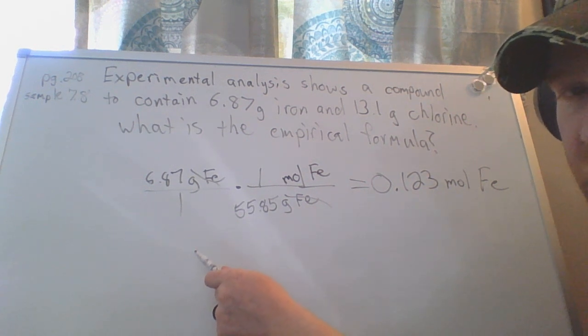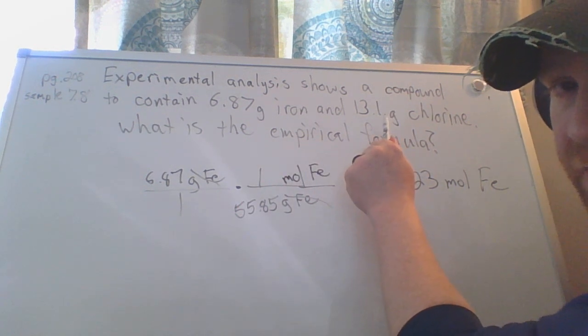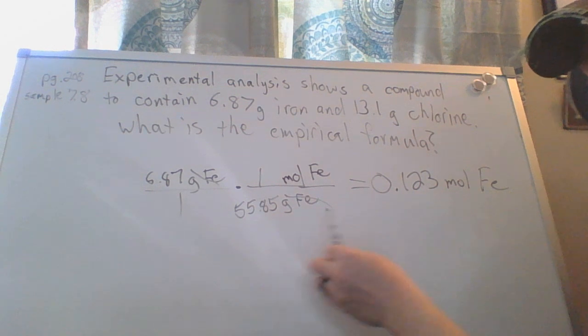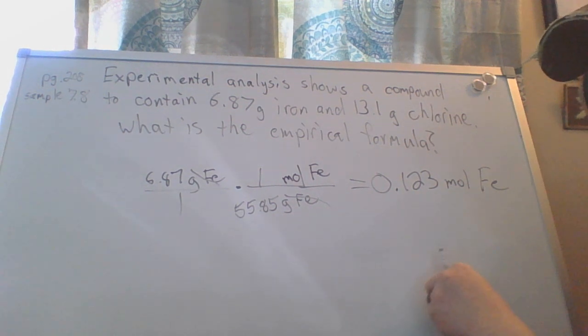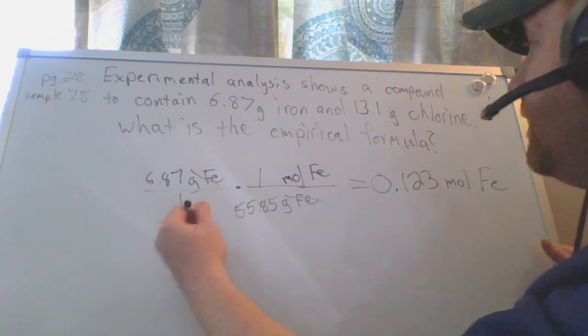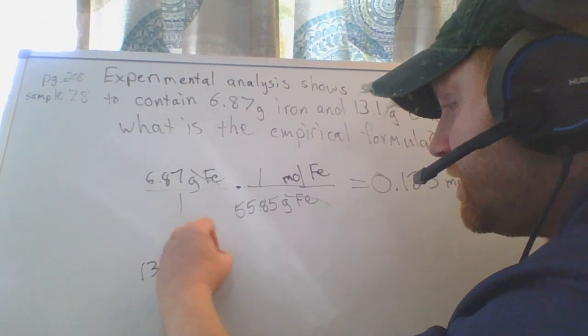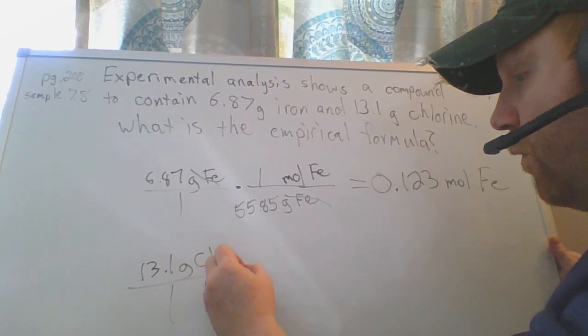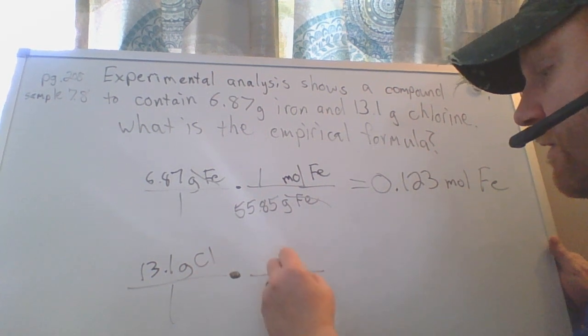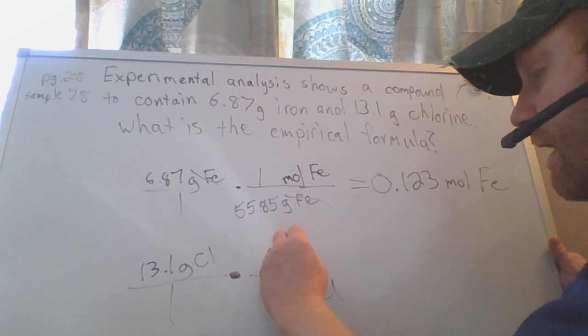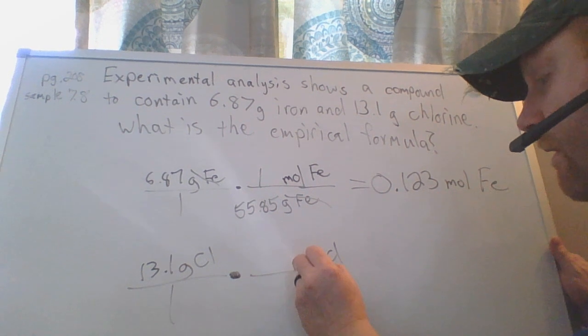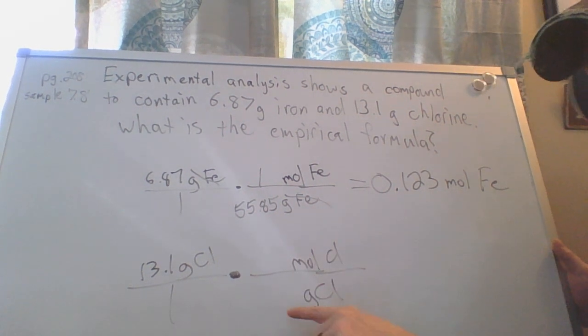Next, we're going to do chlorine. Let's start in grams, use the molar mass to get it into moles, and get a number of moles of chlorine. So we have 13.1 grams of Cl. We'll put that over 1. We will cancel out grams of Cl, get it into moles of Cl. Again, we're using molar mass.